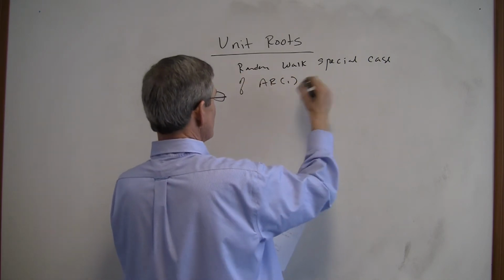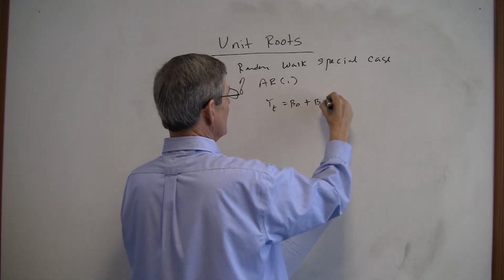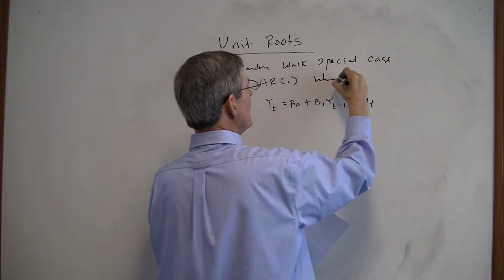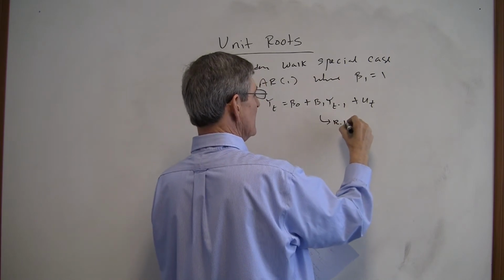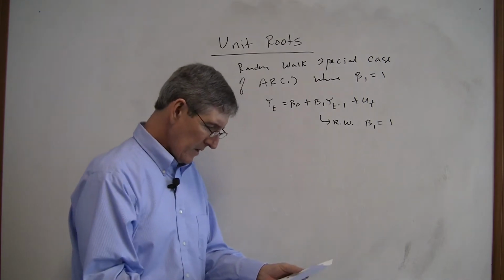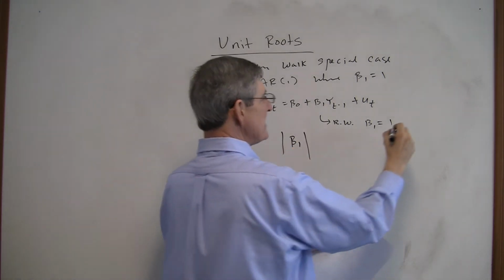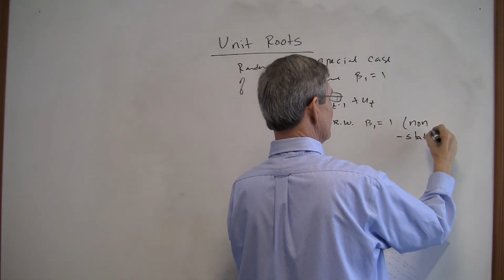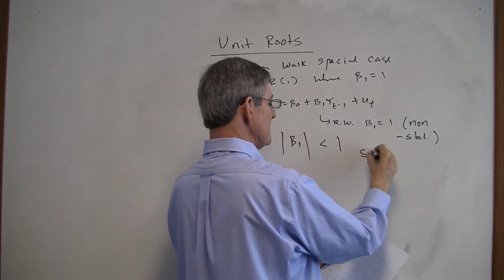So an AR1 would be yt is beta 0 plus beta 1 yt minus 1 plus ut. So it's where beta 1 equals 1. So for a random walk, beta 1 equals 1. If the absolute value of beta 1 is 1, that's non-stationary. If beta 1's less than 1, then the model's stationary.